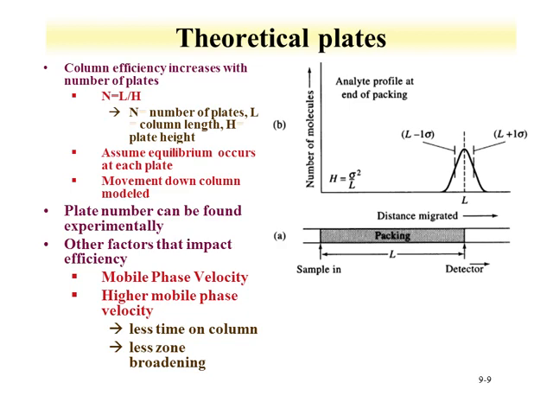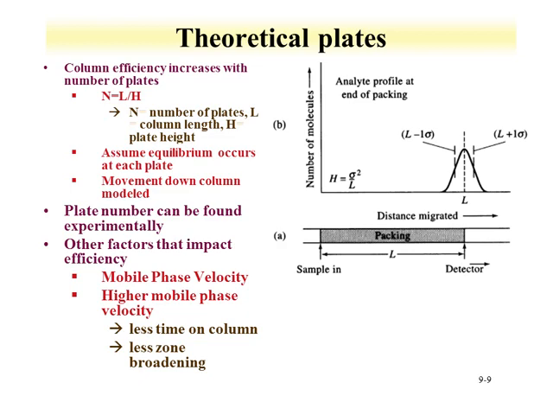As we mentioned earlier, a term one can use to evaluate a column is the number of theoretical plates on the column. As we discussed, these are fundamentally the number of exchange areas that occur on a column. For a given column, an increase in the number of plates means you tend to have an increase in the separation efficiency.